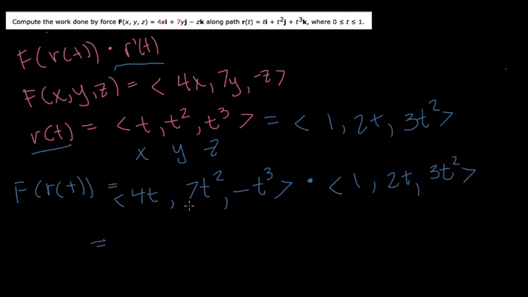Here we have to do the dot product, which means you multiply each corresponding x, y, and z value, and then you add them up.